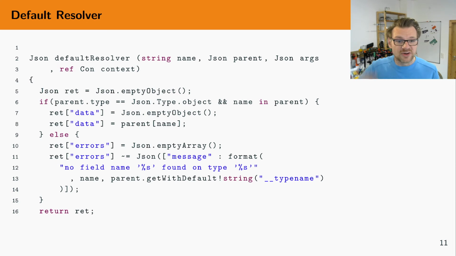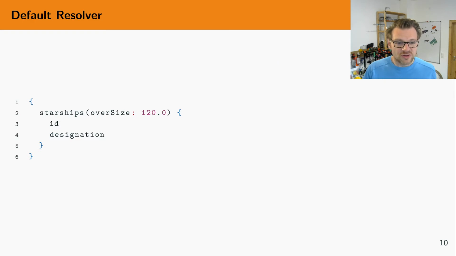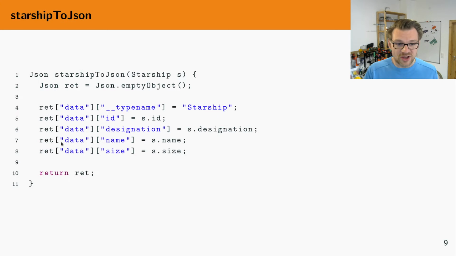By default, there is a default resolver in GraphQL-D, which is called the default resolver. And this resolver uses the 2 parameters to the delegate we sort of glanced over in the beginning, the name and the parent. So the parent is the JSON that was constructed one level up in the nesting of the query. The default resolver for each of the entries in Starship is gonna get sent the whole Starship we constructed here: type name, ID, designation, name, and size, all the members of Starship.